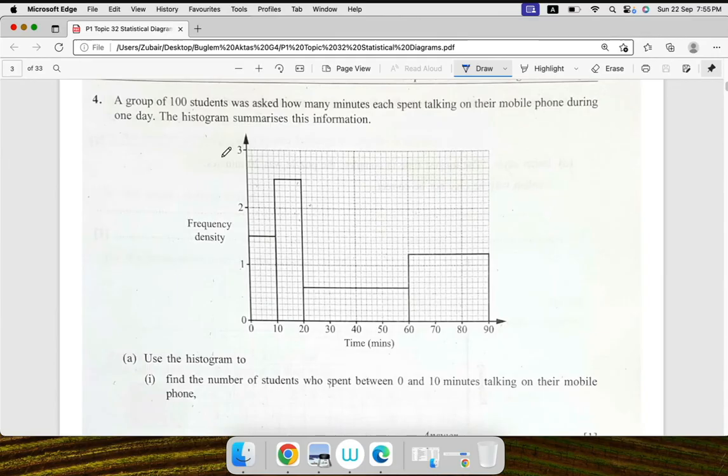Use the histogram to find the number of students who spend between 0 to 10 minutes. $15.